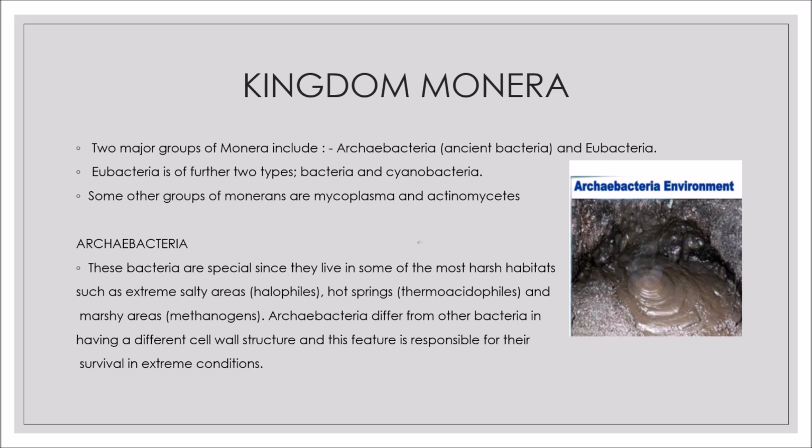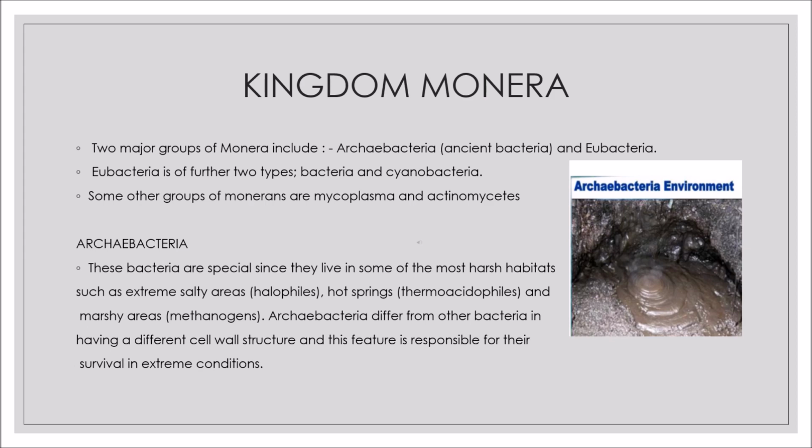One is Archaebacteria, the ancient bacteria. These bacteria have been found since a very long period ago. They are very ancient. And eubacteria. These are the two groups of kingdom Monera: Archaebacteria and eubacteria.